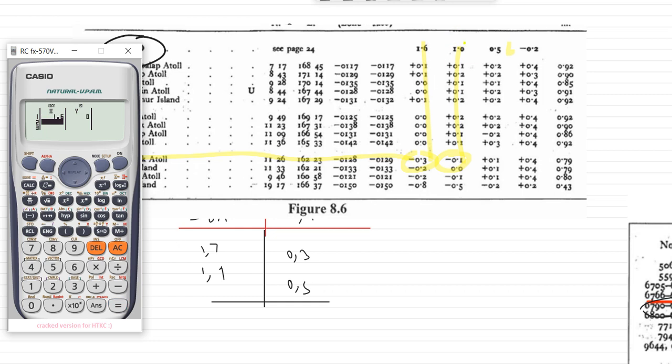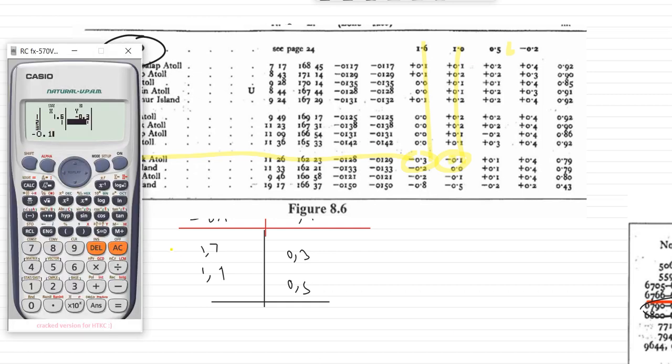Then our next x is what? 1.0. We're good. So the corresponding difference for 1.6 is going to be negative 0.3. The next one, for 1, is going to be negative 0.1 from here.